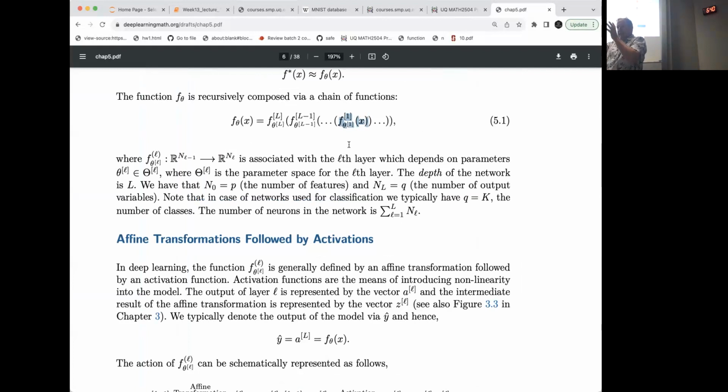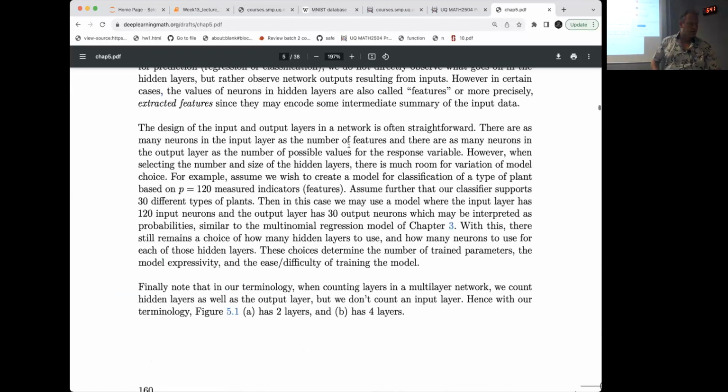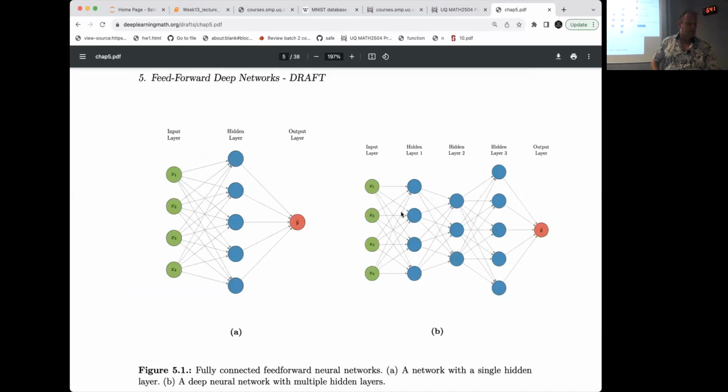And that's just a linear function, but also some nonlinearity. On that, I then compose a second one, and a third one, and a fourth one, etc. Sometimes people draw it like this, like a matrix multiplication and a nonlinearity. This is called a feed-forward deep neural network.